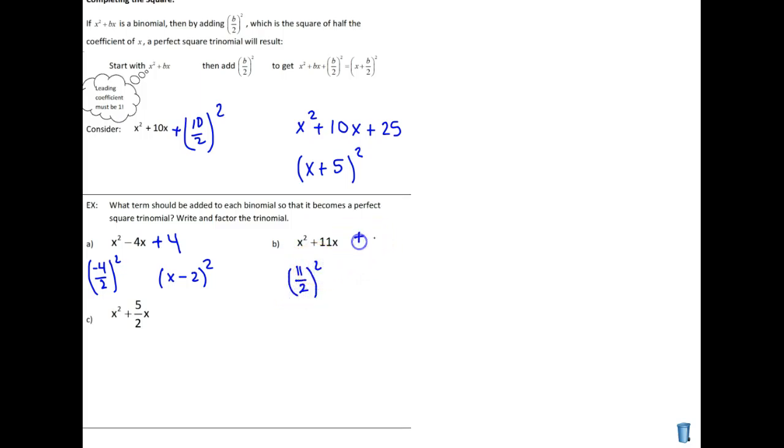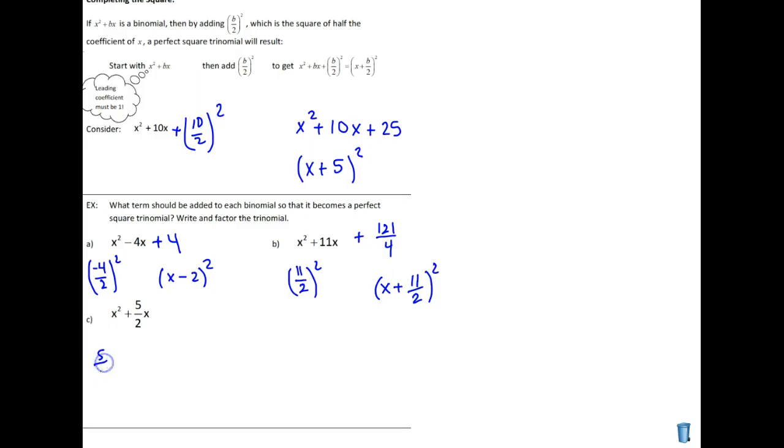So what I would be adding to this would be 121 divided by 4. As a factored polynomial or trinomial, I would write this as x plus 11 halves squared.